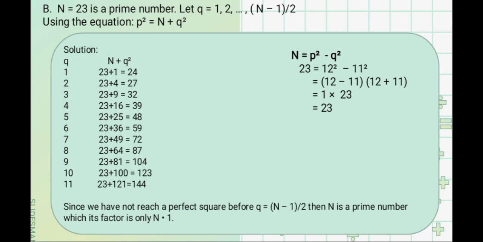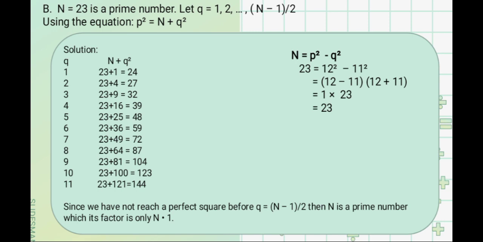Bahalag wala ta nakapangita sa iyang perfect square because that is a rule. Rule na siya. Okay? So ni-stop ta sa 11 sa atong Q and ni-stop ta sa ato ang p squared dinhi nga 144. And 144 is not a perfect square.